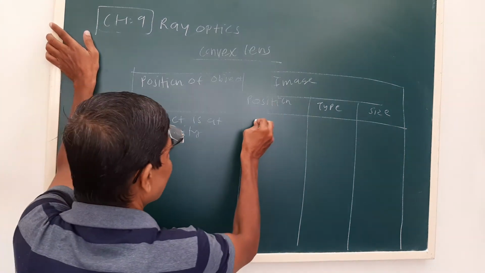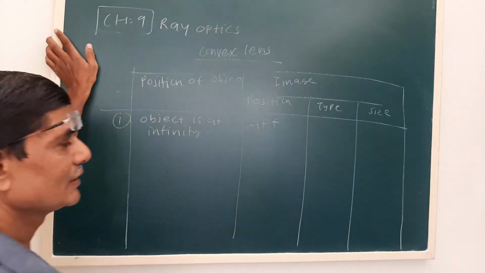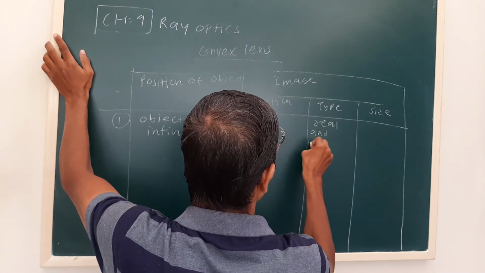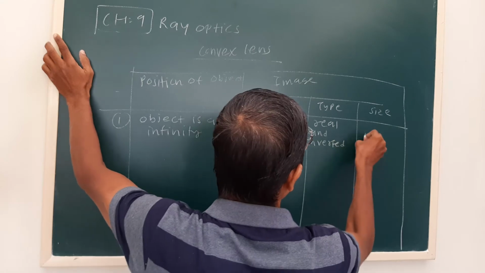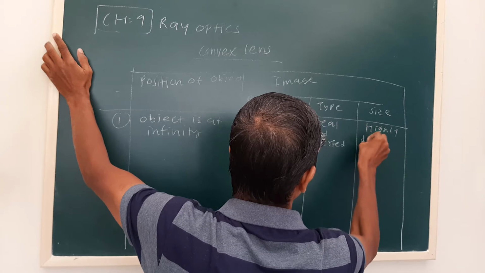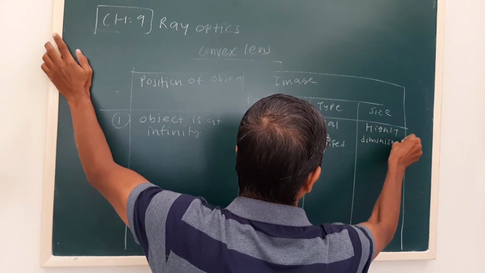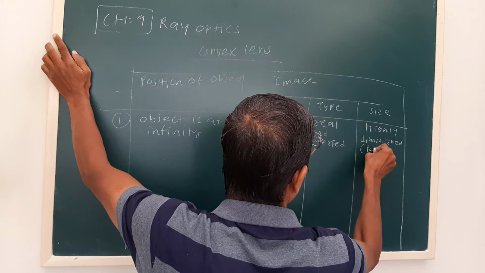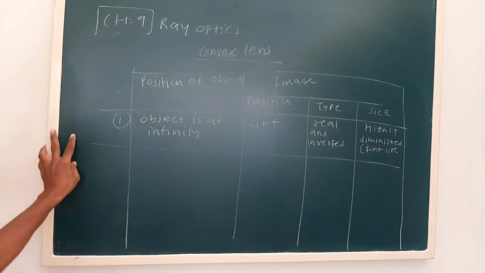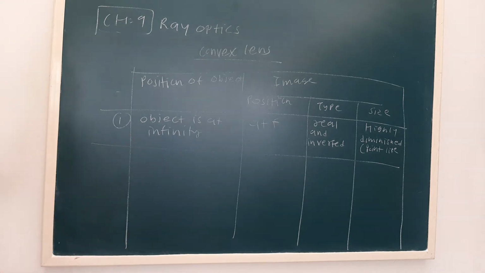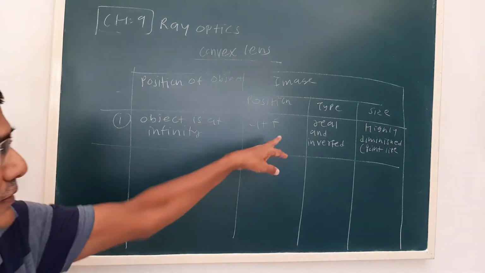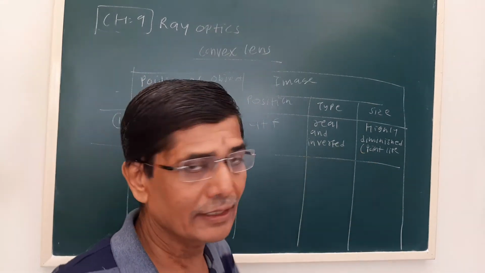After refraction they will meet at F. The image will be real, inverted and highly diminished, or we can say it is a point. When rays come from a very large distance, we theoretically assume the object is at infinity, the image will be at F, and the image is real, inverted, highly diminished.